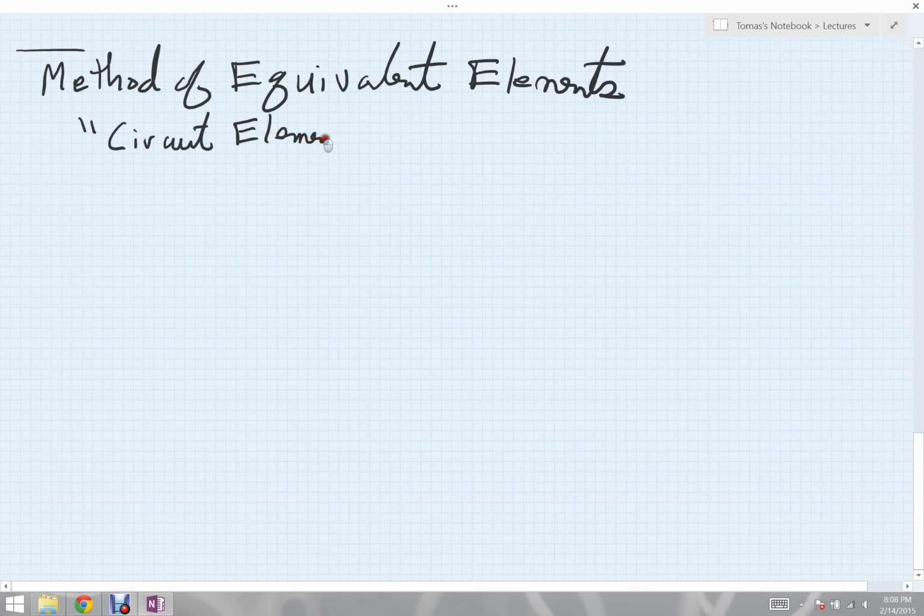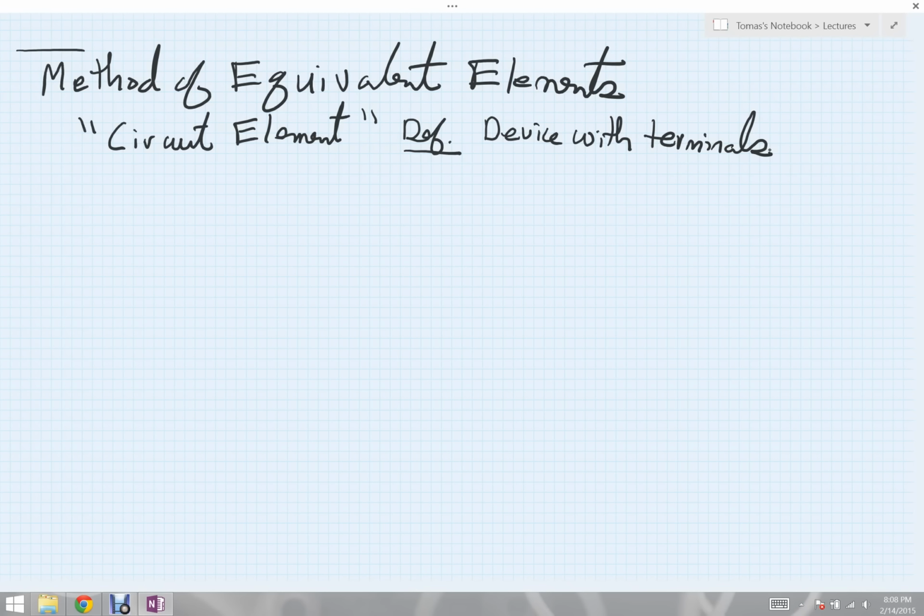What exactly do we mean by this? Well, it's just a singular circuit element. If I want to give a definition of a circuit element, it's a device, an electrical device, of course, which has terminals, and it's actually those terminals that the device interacts with the outside world.